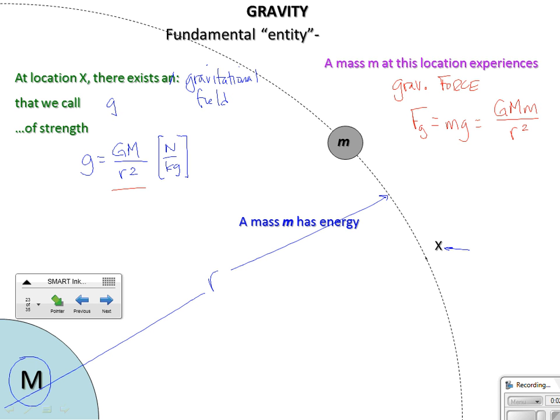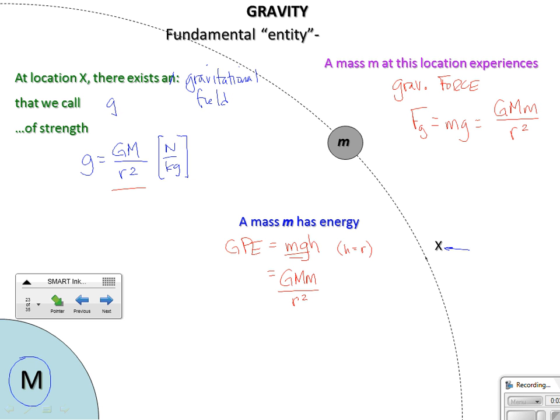Now, a mass at that location has a certain potential energy. That potential energy we've talked about so far as GPE, and we've called it little m, g, h. Well, mg is the force, G M m over r squared, and h is really r.